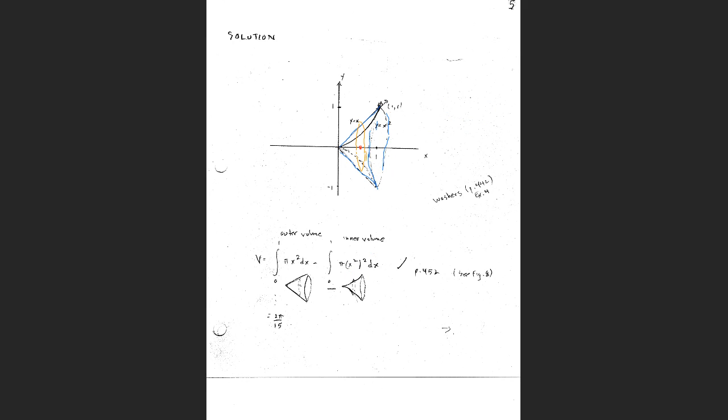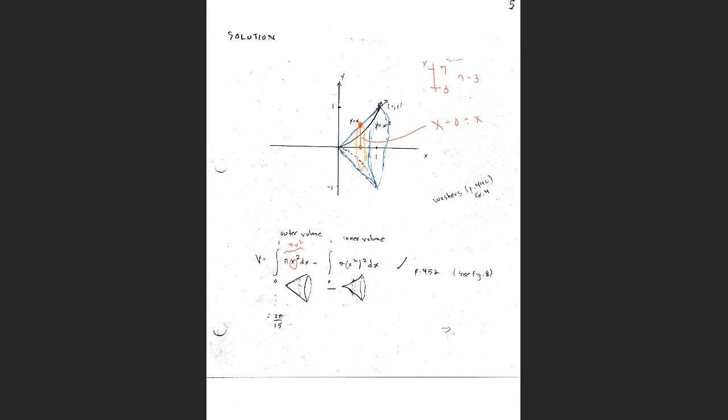Well, this is the distance, this is the radius. So that radius goes from y equals x minus y equals 0. That's your radius, which is x. It's no different than if you have a vertical number line, and if you have 3 and 7, what's the distance? Higher y value minus lower y value, 7 minus 3. Same kind of thing. And so for the outer volume, the radius is x, and you're doing pi x squared.